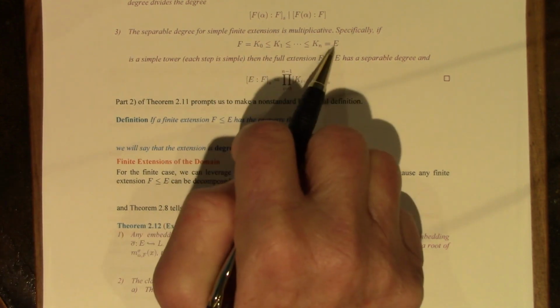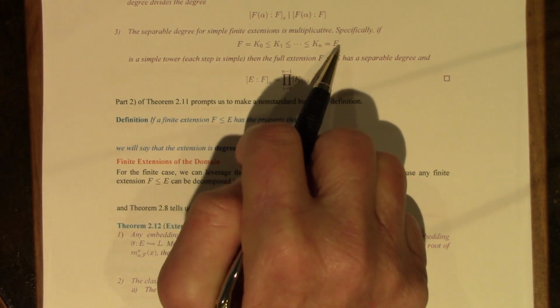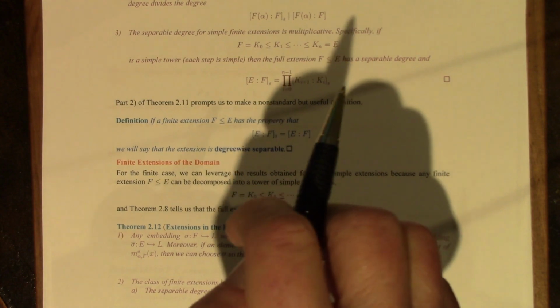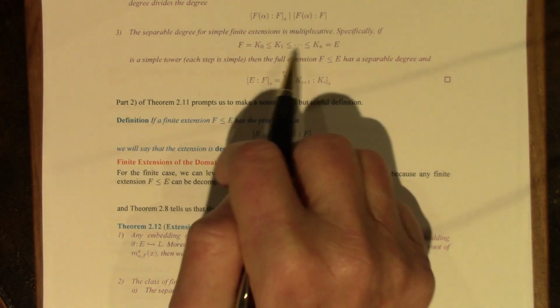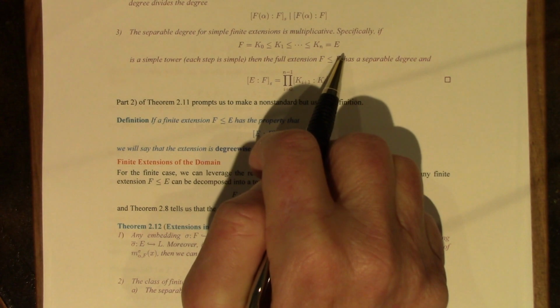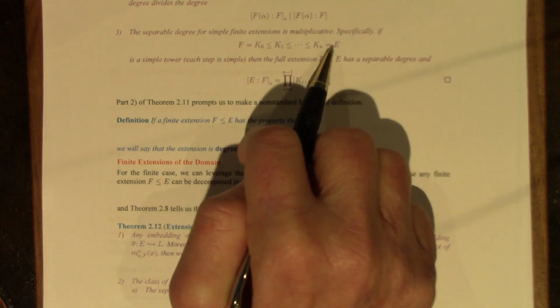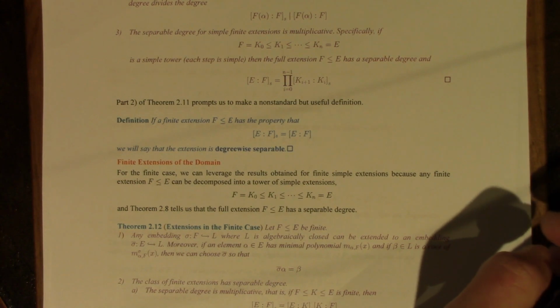The full extension is not simple, necessarily. It could be. But if each step is simple, we call it a simple tower, then the full extension has a separable degree, even if it's not simple itself. And we have this product, the multiplicativity.